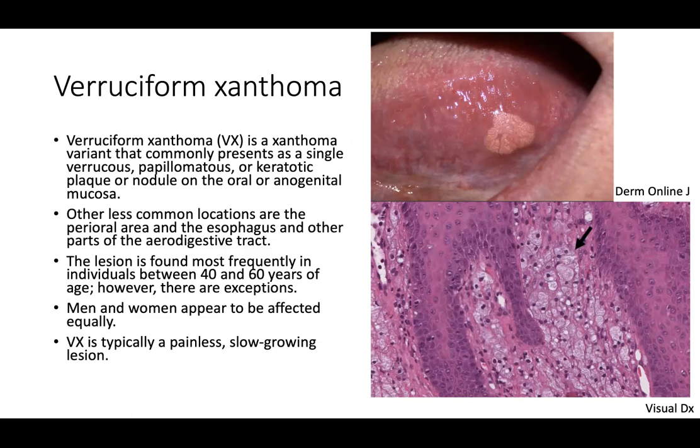The lesion is found most frequently in individuals between 40 and 60 years of age. However, of course, there are exceptions. Men and women appear to be affected equally. And verruciform xanthoma is typically a painless, slow-growing lesion, and as you can see here, present on the tongue.